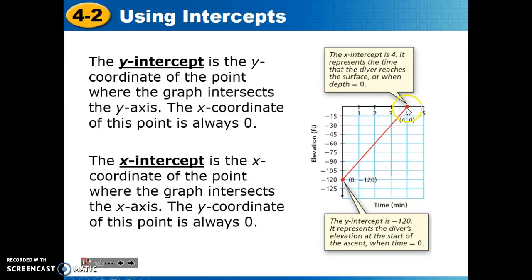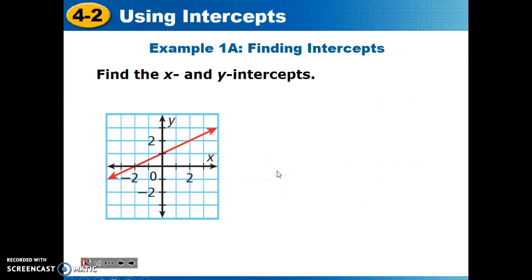We're also talking about x-intercepts, and we can see, again, that point at which the line passes through the x-axis. Finding intercepts by looking at a graph is just as simple as it sounds. We're going to locate that point on the y-axis. We're at positive 1, negative 2 on the x-axis, and we simply write y-axis (0, 1).